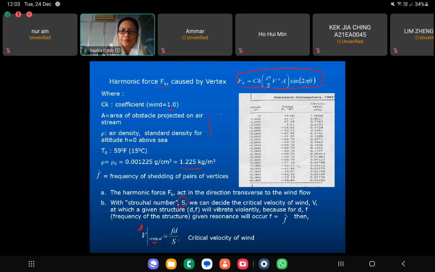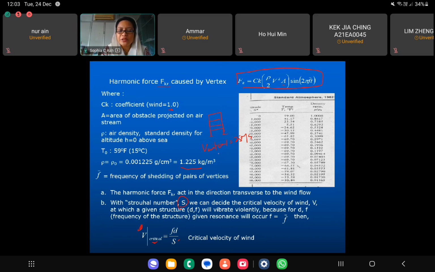Now, for example, I have a building, like a tower or something, and I calculated my V critical velocity to be, say, 25 meters per second. And I'm going to construct it in Skudai.